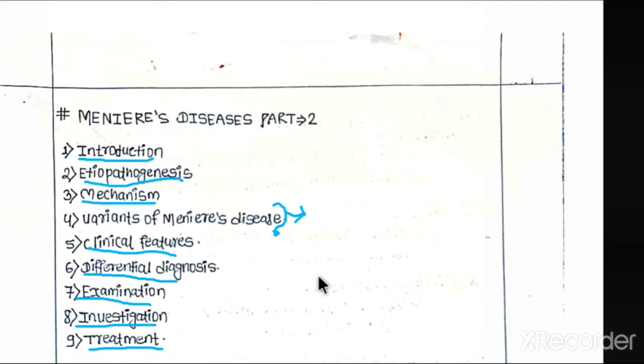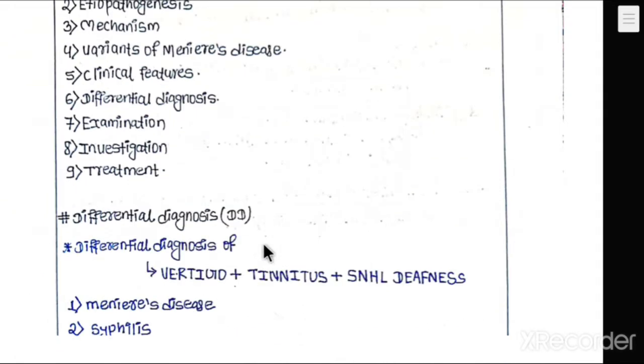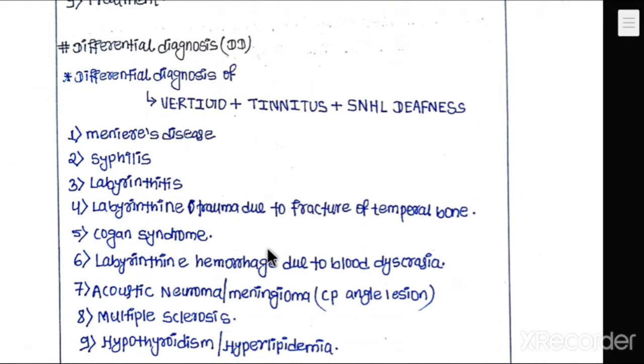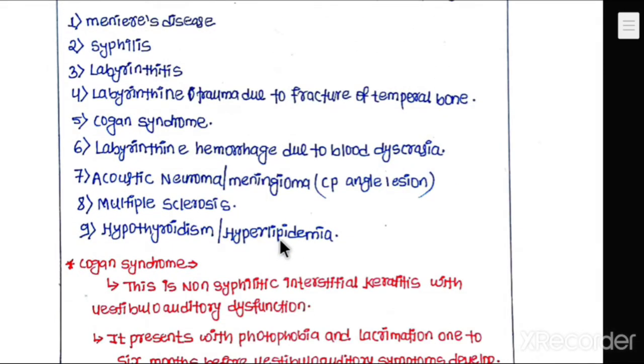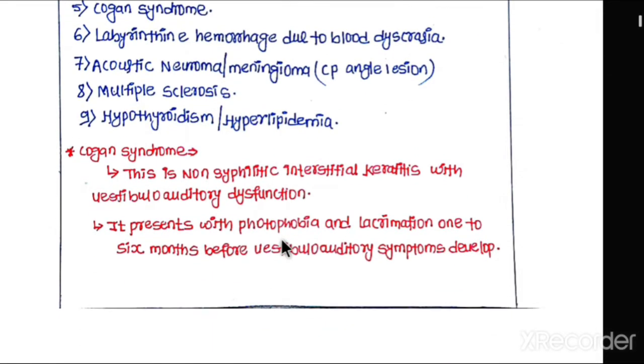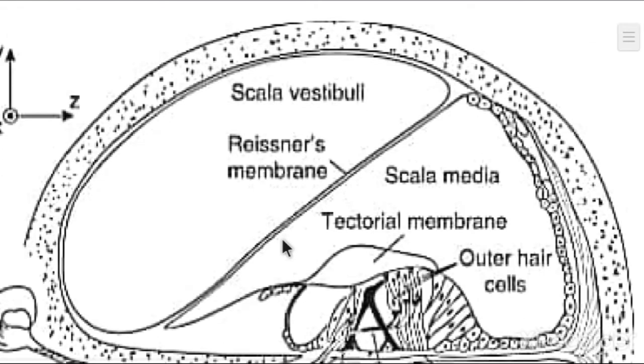Now, we will start. Let's skip differential diagnosis for some time. We'll first finish a slight review of my first lecture about Meniere's disease. So let's start with anatomy.